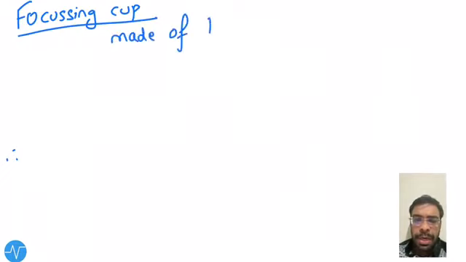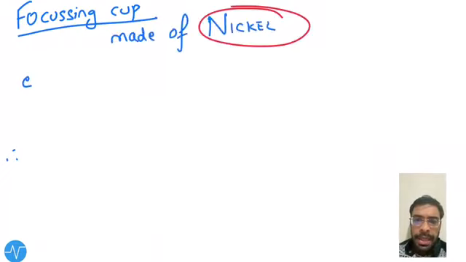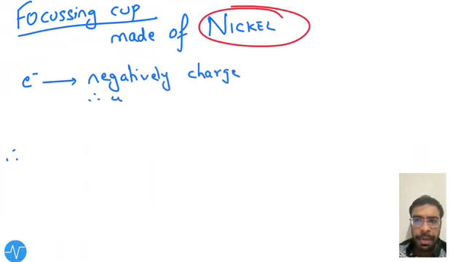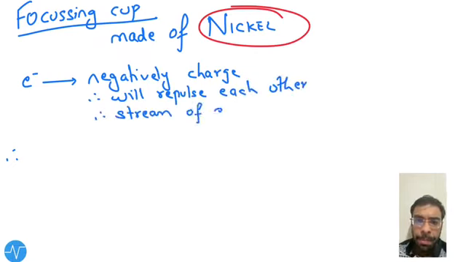Now we'll study the focusing cup, the second part of the cathode. Filament, focusing cup. This focusing cup is made up of nickel. Filament tungsten, focusing cup nickel. Since electrons are negatively charged, they repel each other. Therefore, the electron beam from the filament would be very wide.